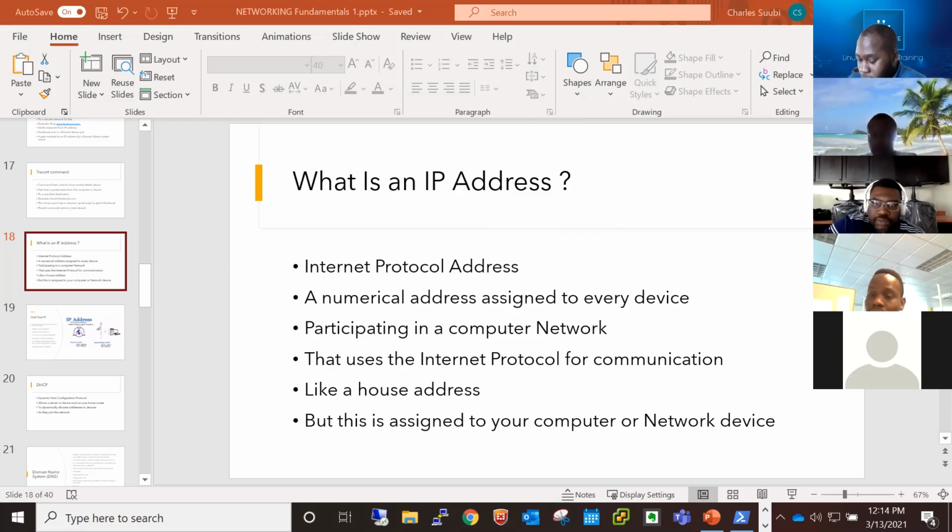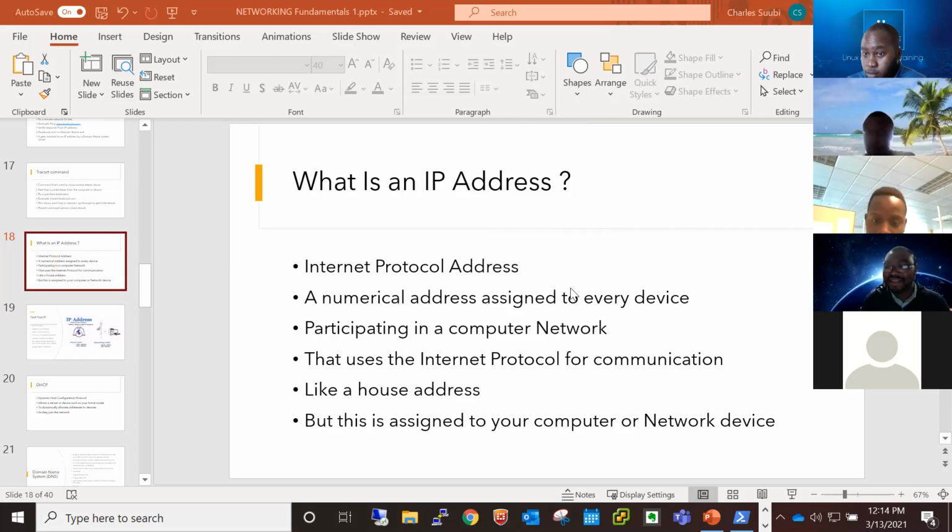Yeah, let me try. All right. So there'll be what we call an IP conflict. Let's say you are sending a message or a packet to a particular device, and when the message got there, there are two devices with the same IP address. So that packet wouldn't know which device it is supposed to deliver the message to.